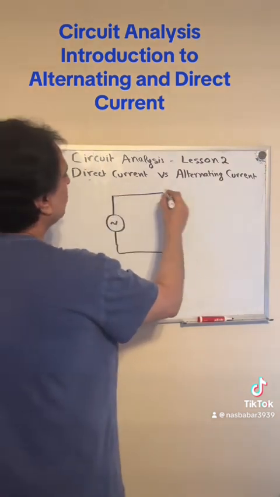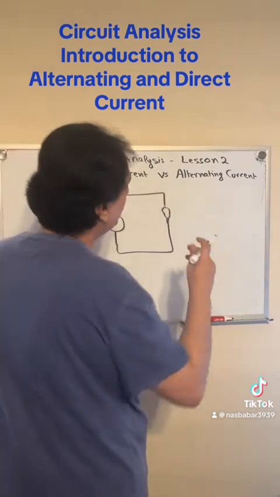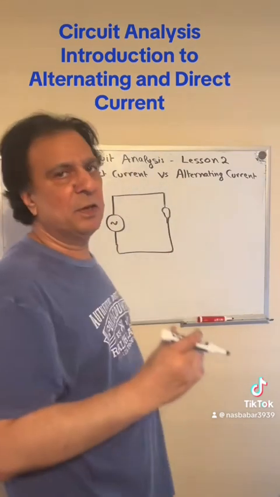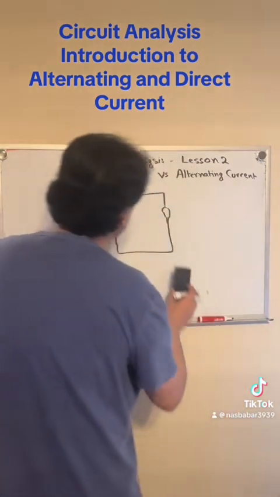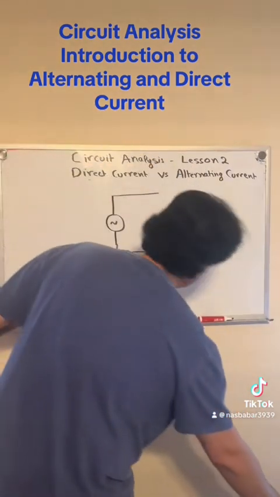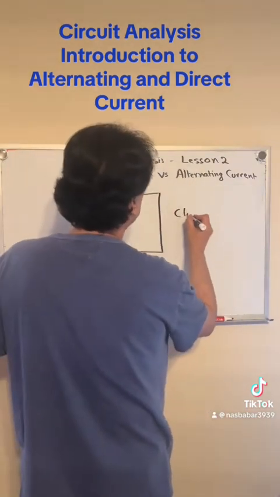Alternating current goes through the light bulb in this direction and then in this direction, and provides energy to the bulb, and that's how light is emitted. What happens if you connect directly like this, make it a closed circuit, okay?